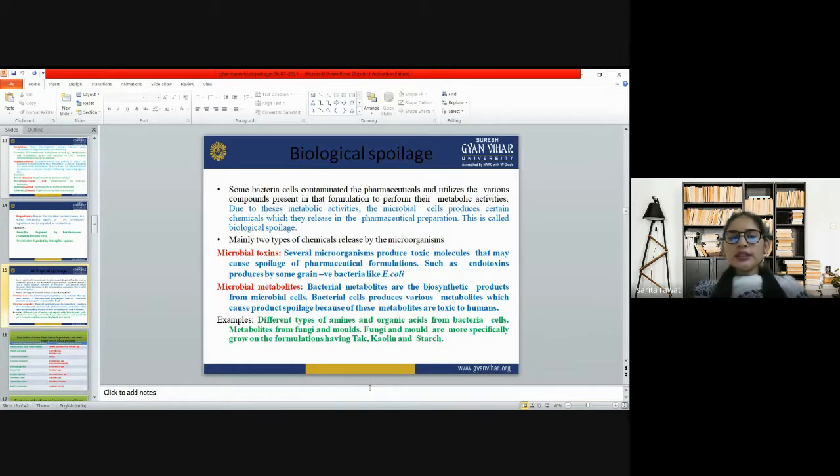For example, there are different types of amines and organic acids from bacterial cells, and metabolites from fungi and molds. Fungi and molds grow more specifically on formulations having talc, kaolin and starch.